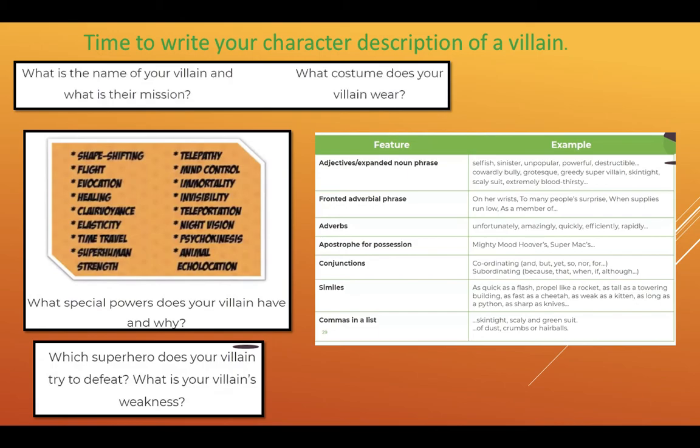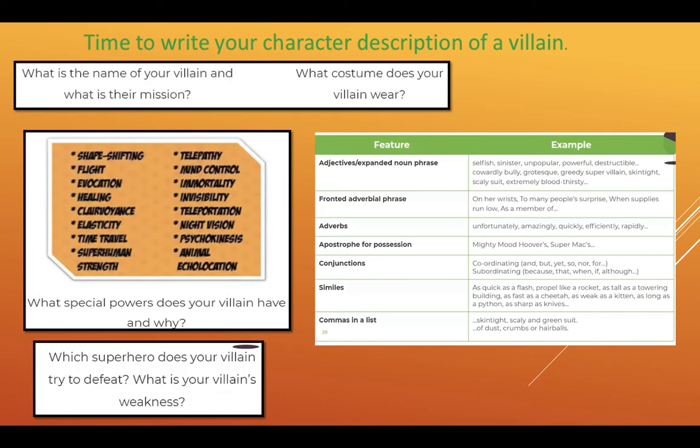And you've got adverbs. You know the easy adverbs are the words that end in ly. Unfortunately, amazingly, and quickly, efficiently, rapidly, incredibly, slowly, all of those are very, very good for your writing as they make your writing far more interesting and provide a better picture for the reader.